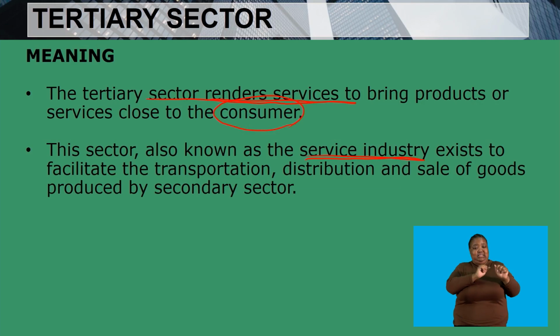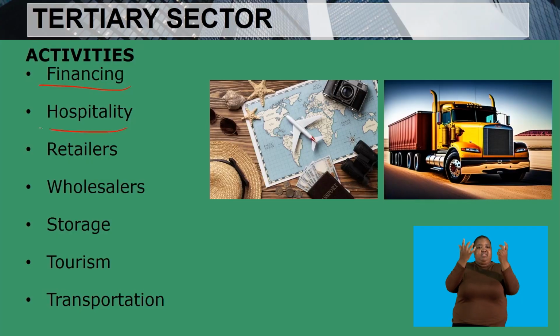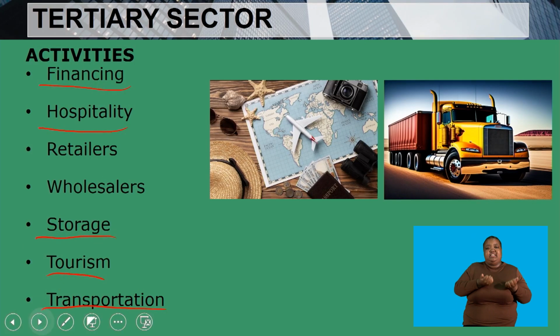So we are either offering a service which is intangible, or we are selling products that have already been manufactured by the secondary sector. The activities that you will find in the tertiary sector include financing, hospitality, retailers and wholesalers, storage, tourism, as well as transportation. As you can see, these are either services or we are selling a product that is already tangible.